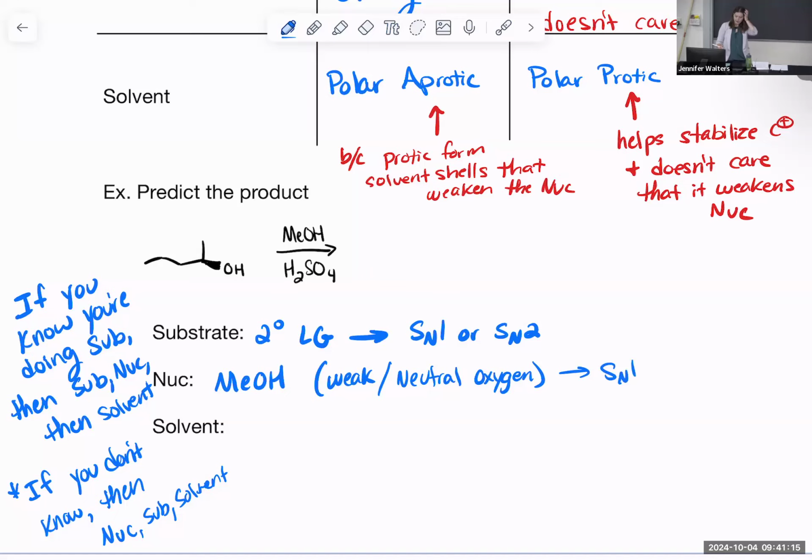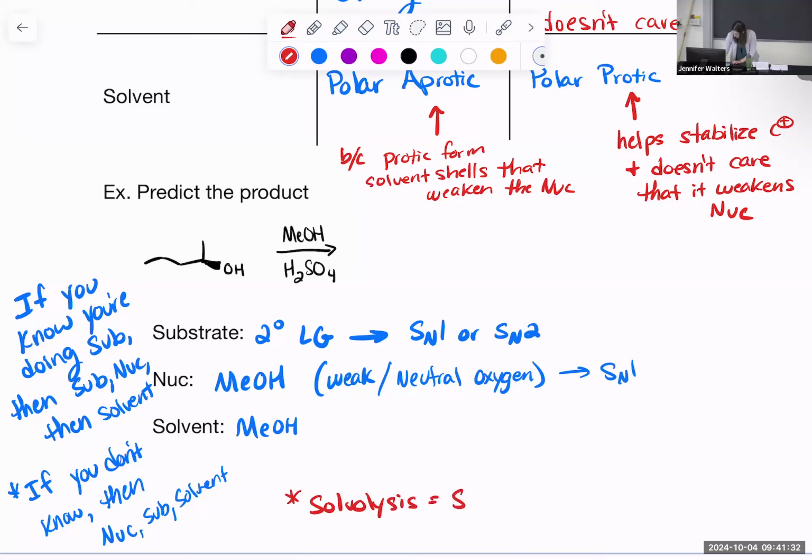And then we can check our solvent and see that our solvent is also methanol. So this is technically going to be what's known as solvolysis. That's just where your solvent is also a nucleophile. So you're going to have a solvent breaking a bond, which is solvolysis. It's solvent lysis. Lysis means to break.